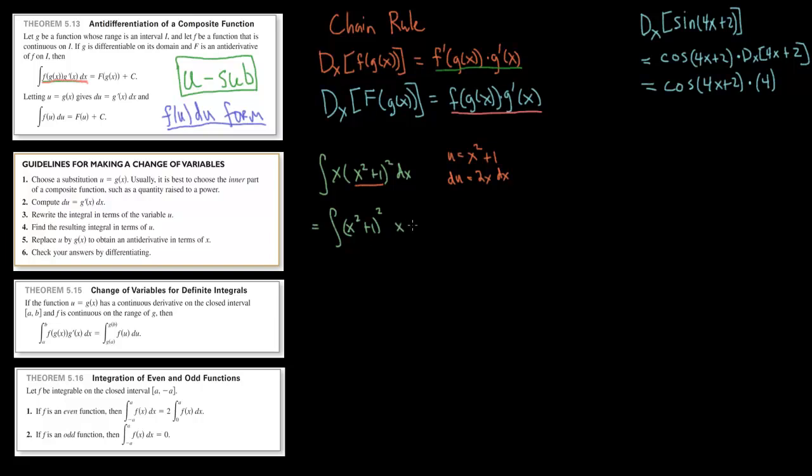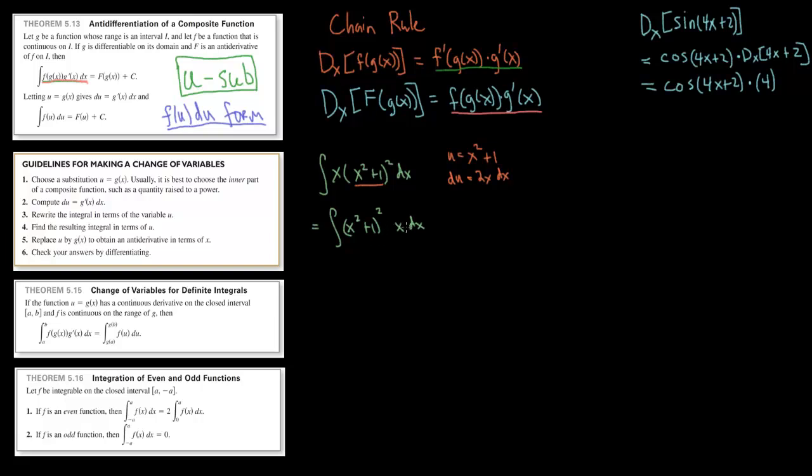So we have an x dx, but we need a 2x dx to be in the exact correct form. Remember, we want a composite function, so f evaluated at an inside function times the derivative of that inside function. Well, we almost have that entire derivative, but we're missing a 2.